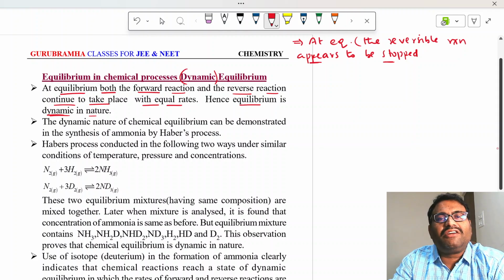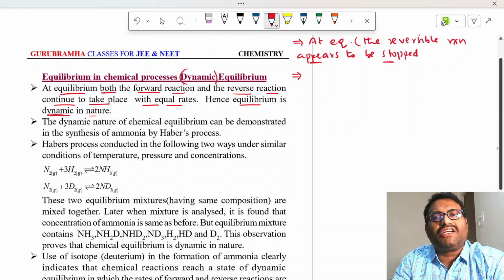Both forward reaction and backward reaction continue to take place with equal rates. So what does dynamic represent here? It represents that at equilibrium, both the forward reaction and backward reaction continue to take place. The reaction appears to be stopped, but it does not stop, as both continue to take place.